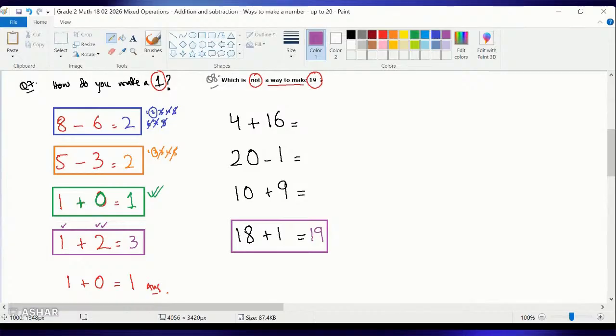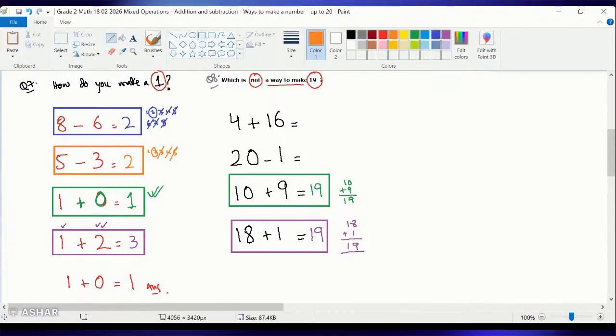Agreed? Or we can write 18 plus 1: 8 plus 1 is 9 and 1 stays as it is. The other option was 10 plus 9. 0 plus 9 is 9 and 1, that's still 19.